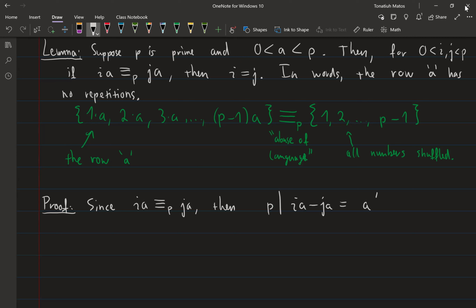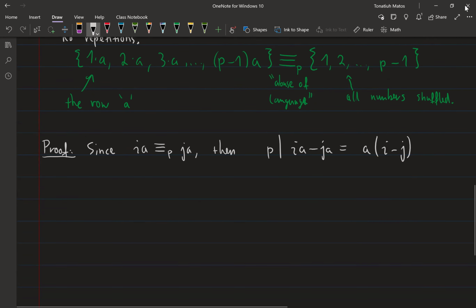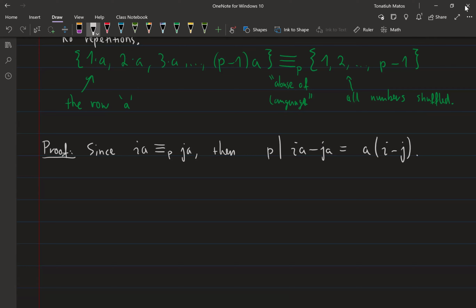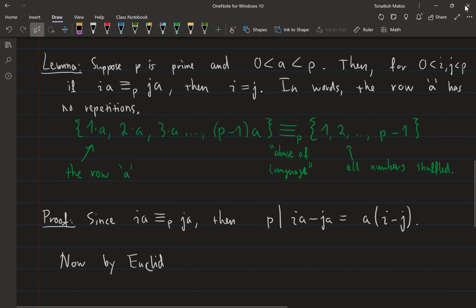And from here, I can comfortably factor out A, right? I haven't really done anything. This is just the definition. Now, by Euclid's lemma, here we use the fact that P is prime. So if P is not prime, I cannot conclude this. So obviously P being prime is very important.